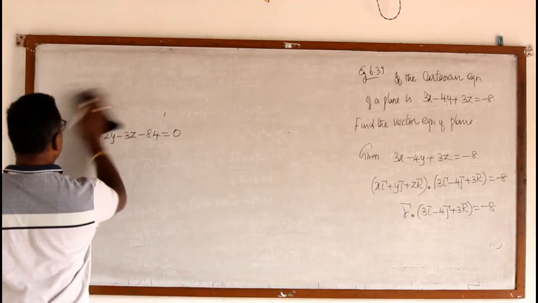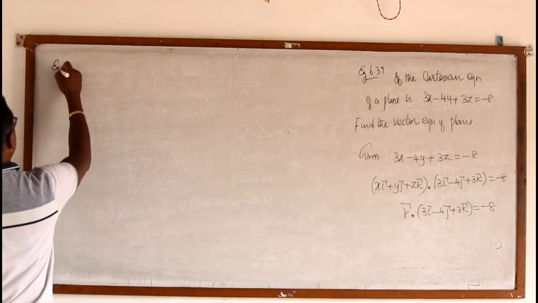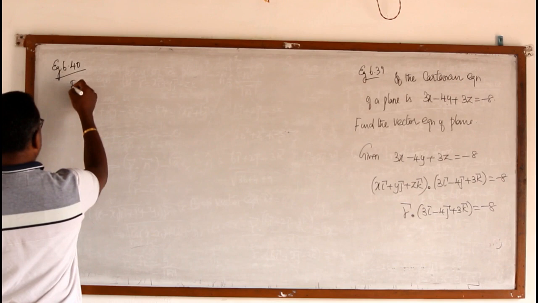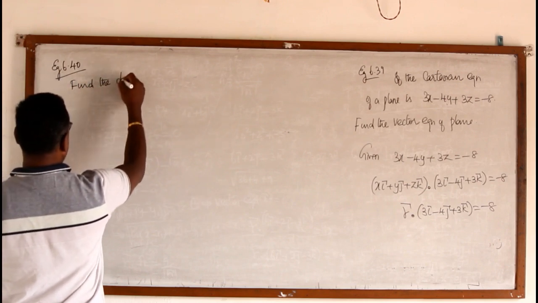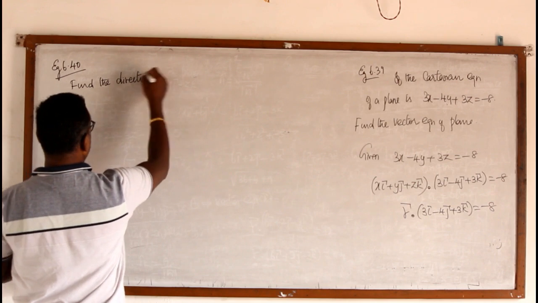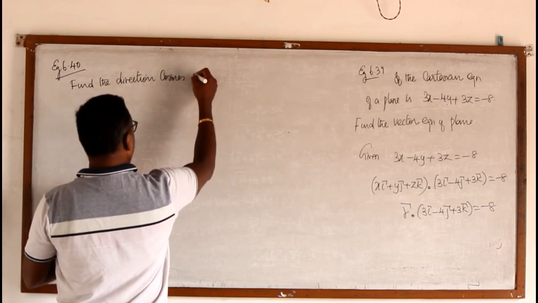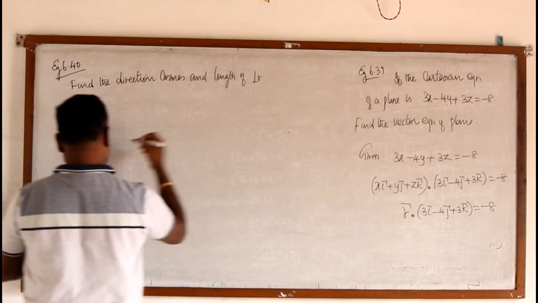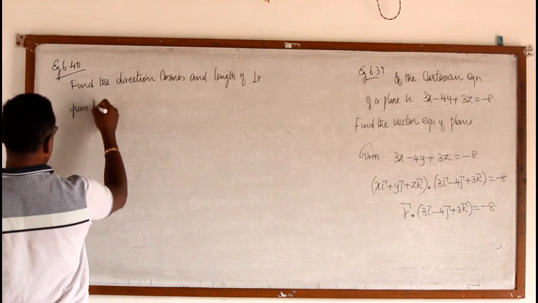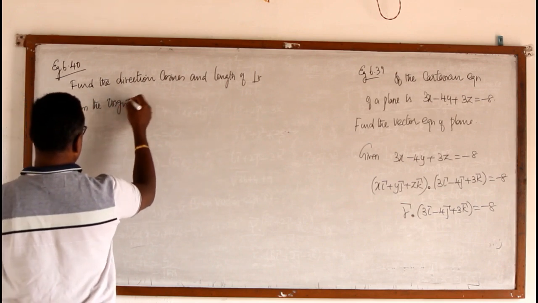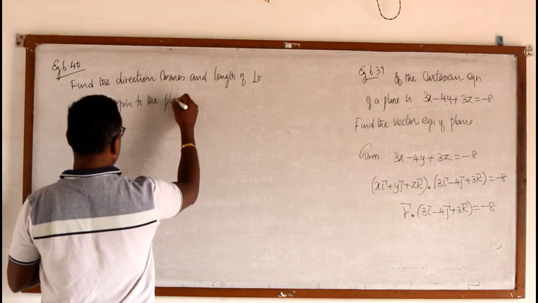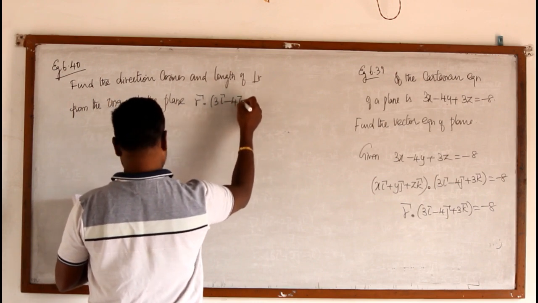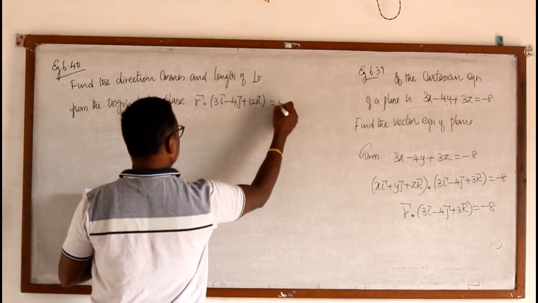Example 6.40. Find the direction cosines and the length of the perpendicular from the origin to the plane r dot 3i minus 4j plus 12k equal to 5.